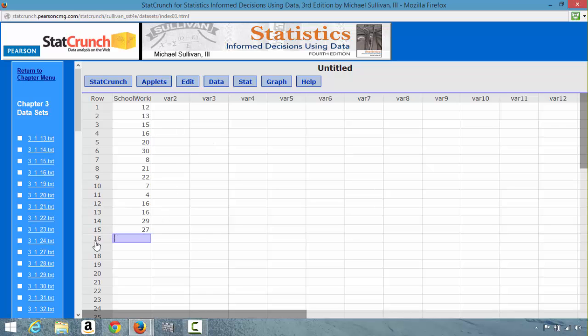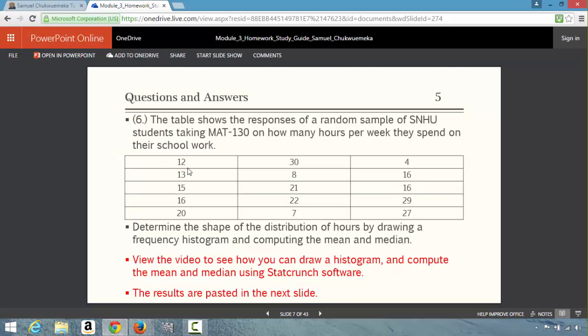So the sample size is 15. Right here, the sample size is 15. Let's make sure: 1, 2, 3, 4, 5. 1, 2, 3. 3 times 5 is 15.